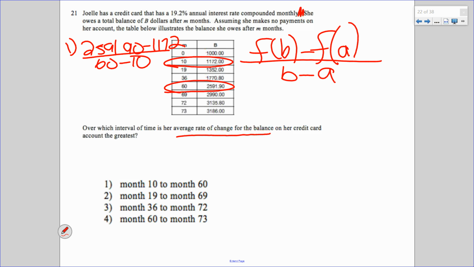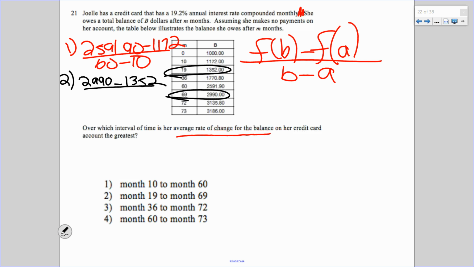For choice 2, we have 19 to 69. Again, everyone should be doing this along with me for practice. 2990 minus 1352 over 69 minus 19.